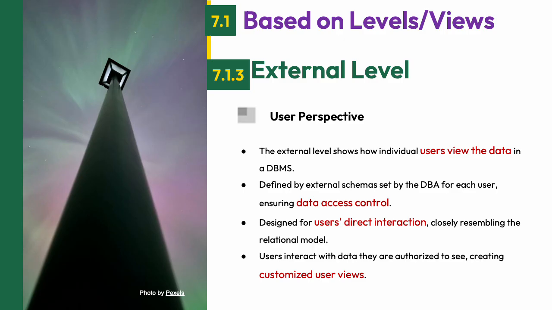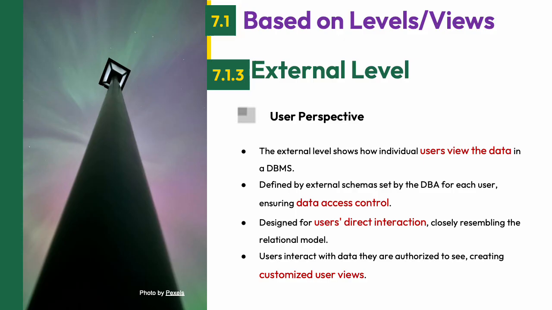For example, a salesperson's view only shows sales and customers. The salesperson can view and update sales records and view customer information. Meanwhile, in the inventory manager's view, they can view and update products and inventory levels.